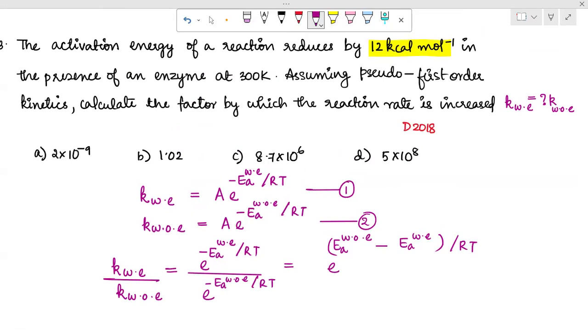They have said that when you add, so you already know, right? Let's say this is without the enzyme, and with enzyme, you're active. This is with enzyme. So with enzyme, your activation energy reduces. So this difference is what is given to us. Correct? This difference is what is given to us.